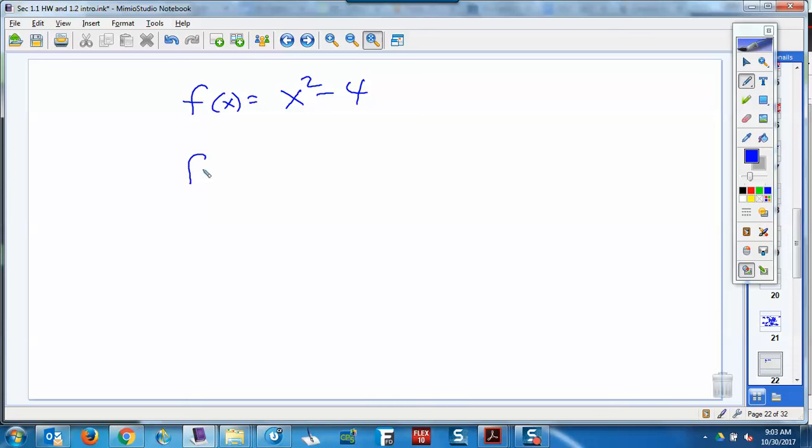Well, one way to show that is put in an opposite x. You put in opposite x squared minus 4, and sure enough, what's opposite x squared? X squared. So you get the same thing out. Opposites in, same out. So that shows that it is even.